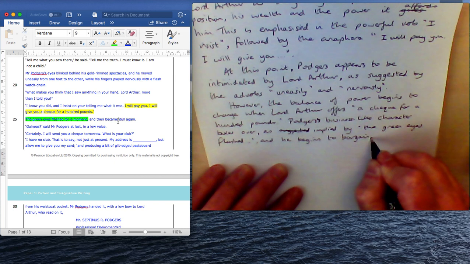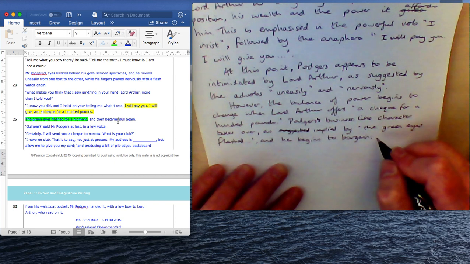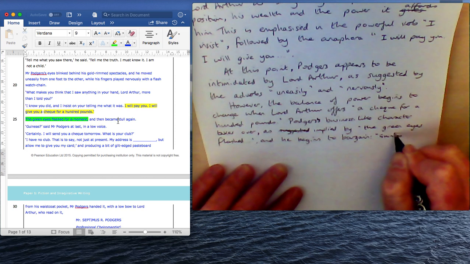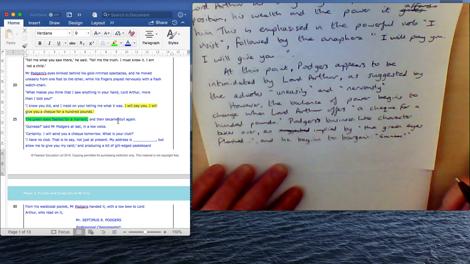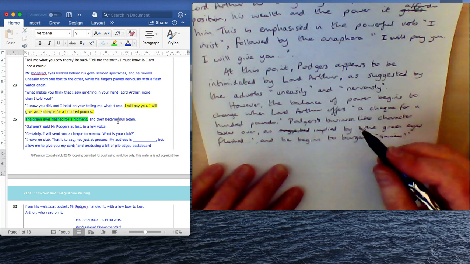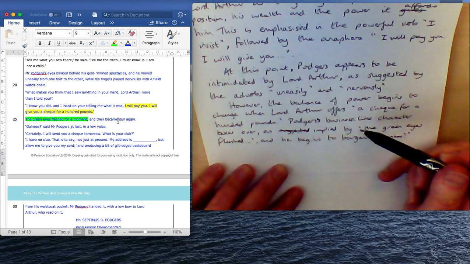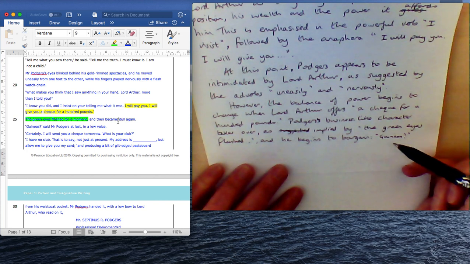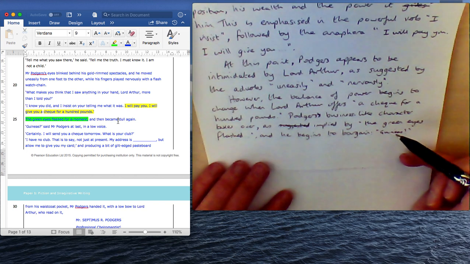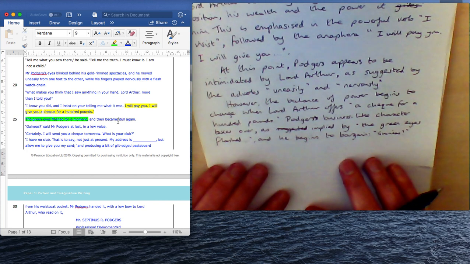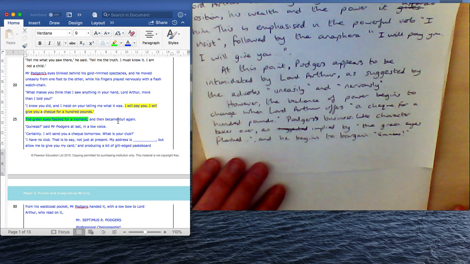And colon there to show that what follows proves my point. Guineas? Question mark. Okay, so there we have the idea that the balance of power begins to change because Podgers' business-like attitude takes over and he begins to bargain with Lord Arthur.